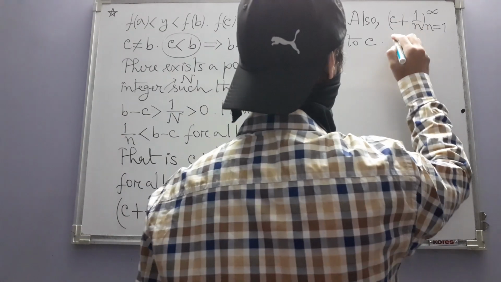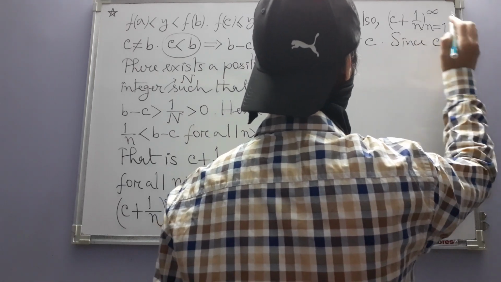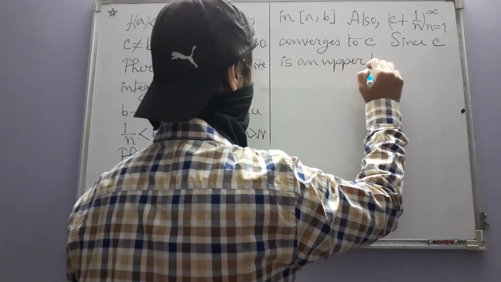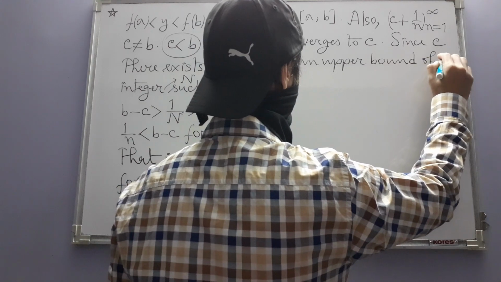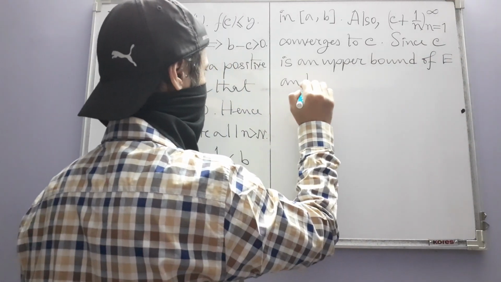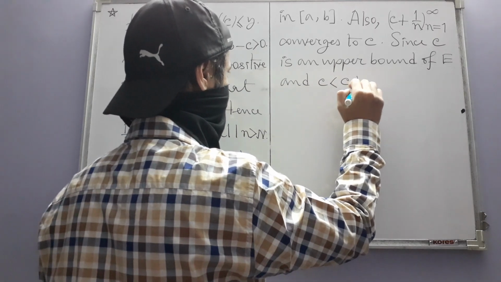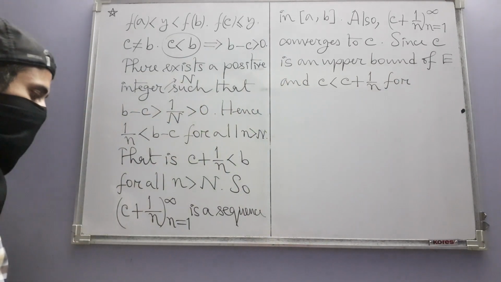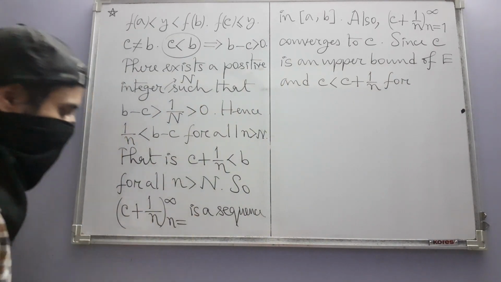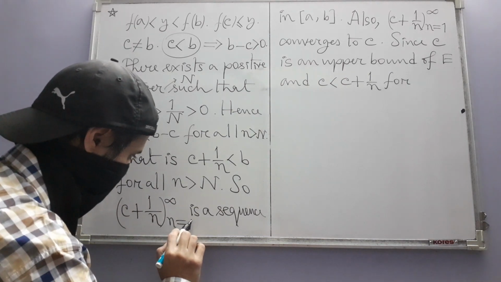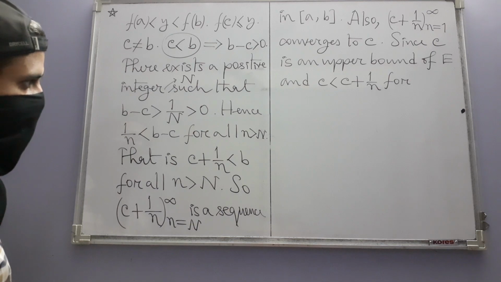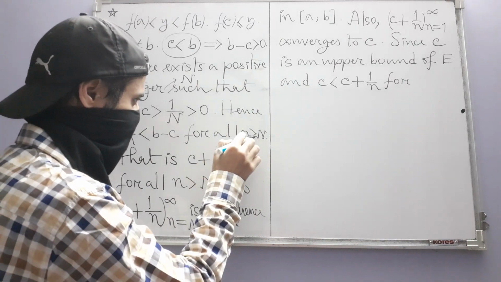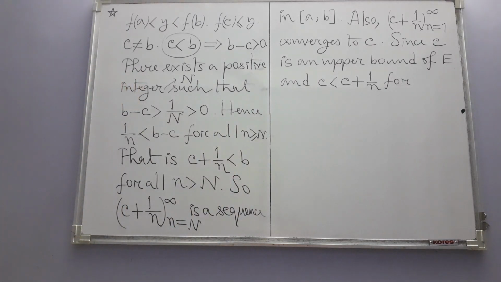Now, since c is an upper bound of E and c is less than c plus 1 over n for what we are talking about is a sequence which starts with, well, the author has taken n to be strictly greater than N. We can take n greater than or equal to N also.